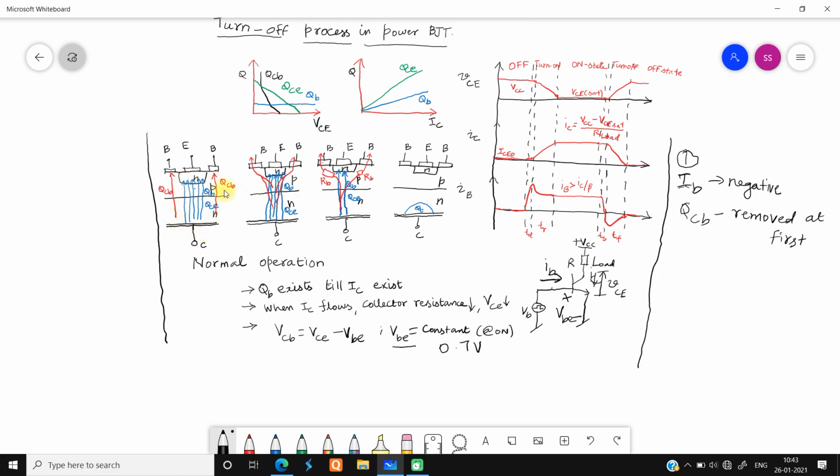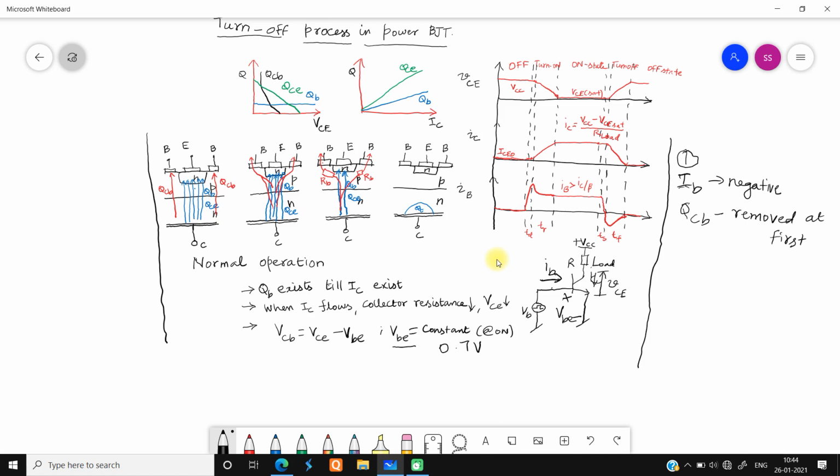The QCB is the charge constituted underneath the base, on the collector area. So these charges are constituted across this particular device, and they will be removed across this BE due to the negative current in the device. So that is the first step.